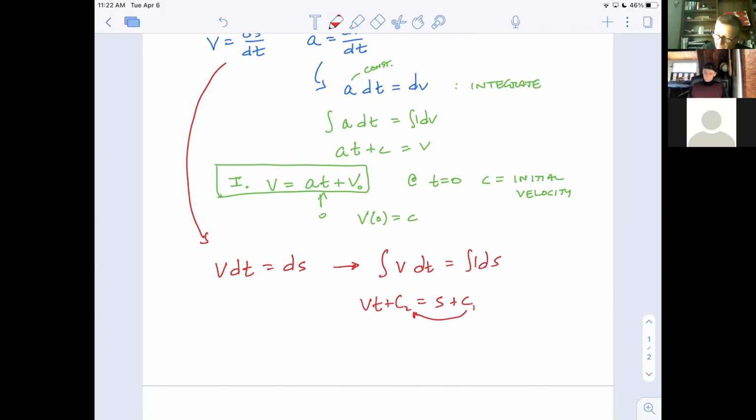And even better, what if we did this instead? What if before we even took the integral of v, we replaced v with what we just figured out it was equal to, which was at plus v0.